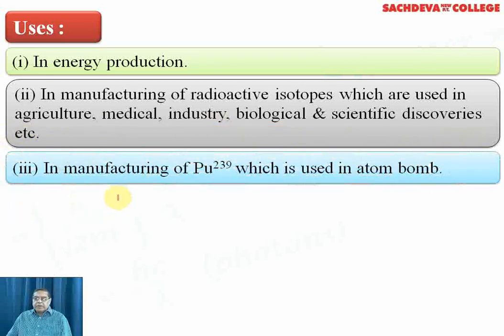There are certain important isotopes like sodium-24 (11), which is injected in the right ventricle and used in the medical sciences. Similarly, silicon is used in industry. Then there is the manufacturing of plutonium-239, which is used in the atomic bomb. This is a synthetic fissionable element.